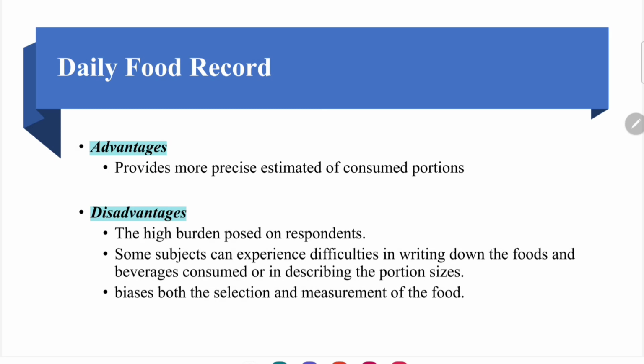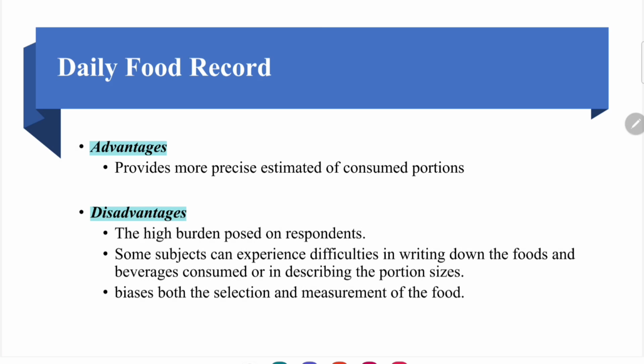For the disadvantages, we have the high burden posed on respondents. البردن أو الحدود اللي راح تكون موجودة. فمثلا ممكن البيشنت يكتب أنه أو يذكر أنه أكل 1 أبل، بس ممكن ال1 أبل هذه ممكن تكون صغيرة أو ممكن تكون كبيرة، فما نعرف كيف نحسب السعرات حقتها لو كانت كبيرة، أو لو كانت صغيرة ممكن 2 تعادل سعرات واحدة كبيرة. فهنا high burden posed على respond حق البيشنت.